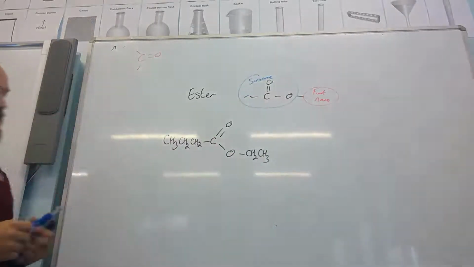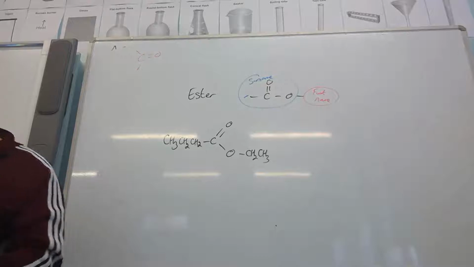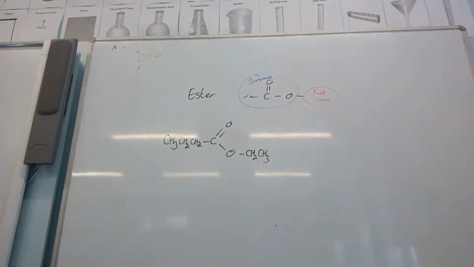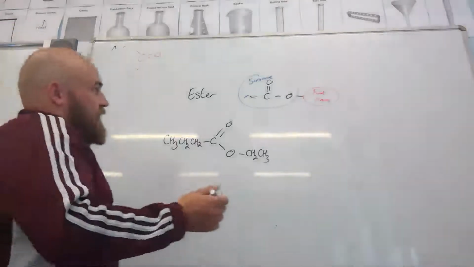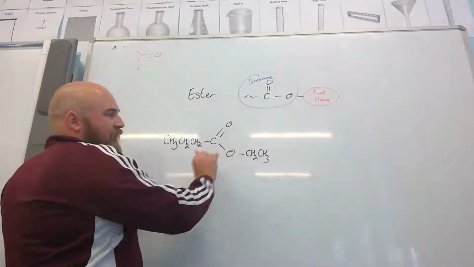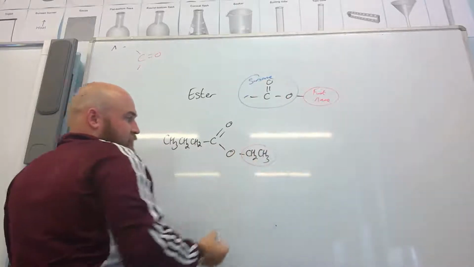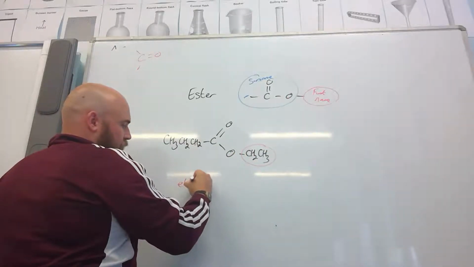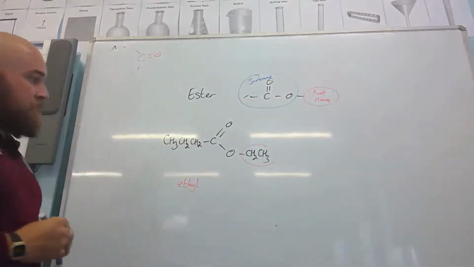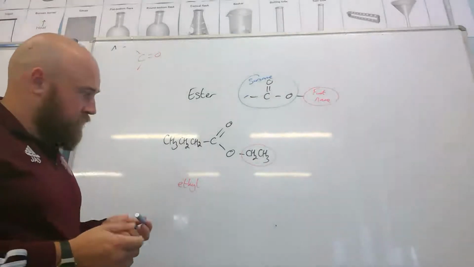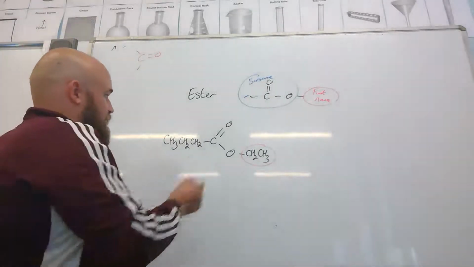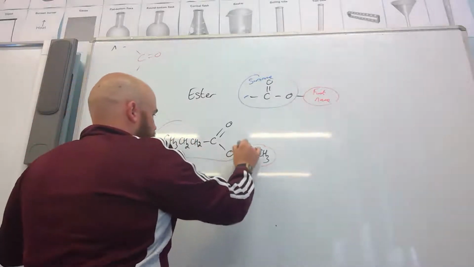Let's have a go at naming this one. For the first name, you look to the end of the ester, singly bonded to an oxygen. So what group is that? That is an ethyl group. So there's the first name, ethyl. Congratulations. The surname then is all of this.